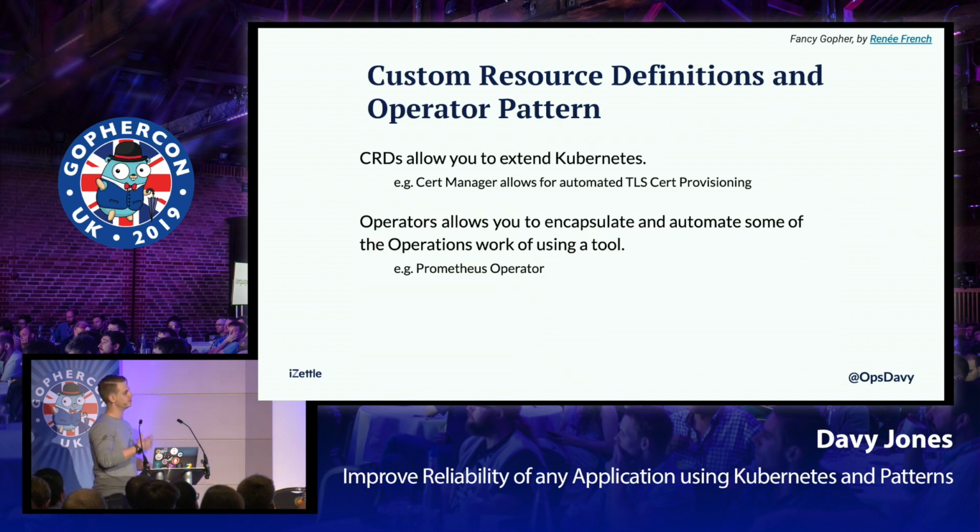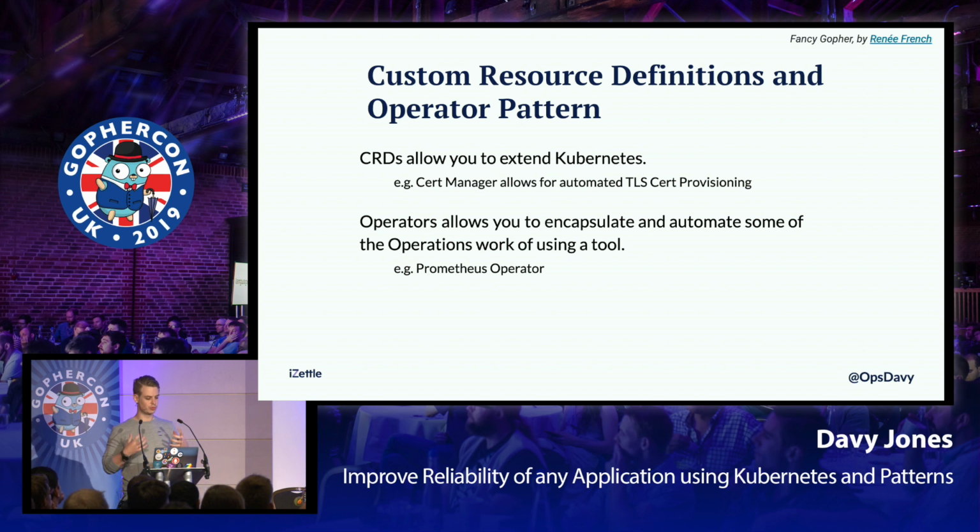And then there's obviously a load of other components, but one of the other interesting things that we can do with it is define custom resource definitions to extend Kubernetes so that we can add other parts to it. For example, the cert manager, which used to be called kube-lego, allows for automated certificate provisioning.